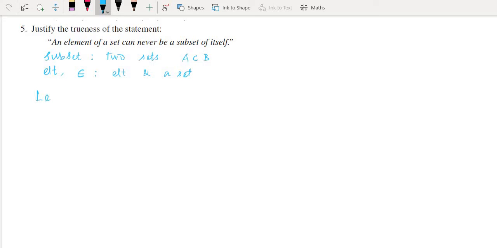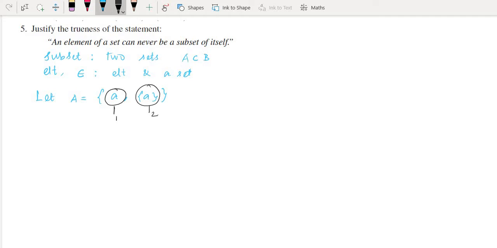Let A be a set which contains two elements which are a and the singleton set {a}. So listen carefully, students. In this set we have two elements. This is our first element and this is our second element.